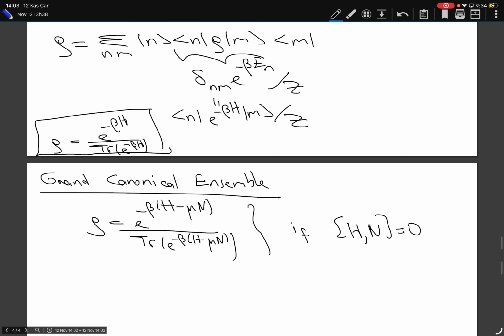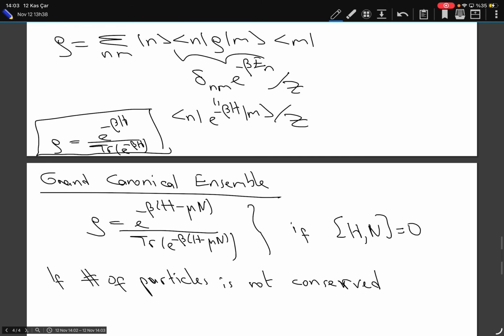Well, what happens if the number of particles is not conserved? Well, it's not a problem if the number of particles is not conserved. Again, if you remember why we introduced this coefficient mu, that basically made sure that the average number of particles was fixed. So we can just choose mu so that we fix the average number of particles.